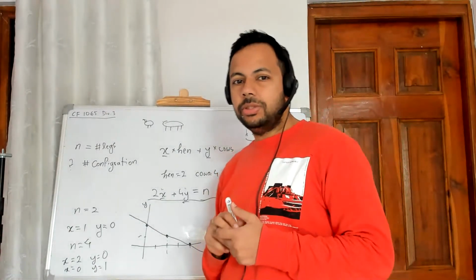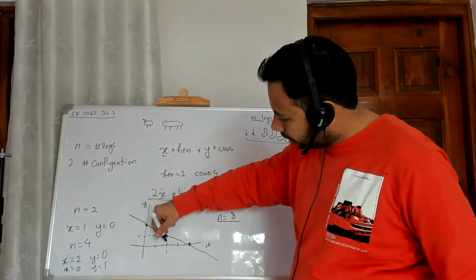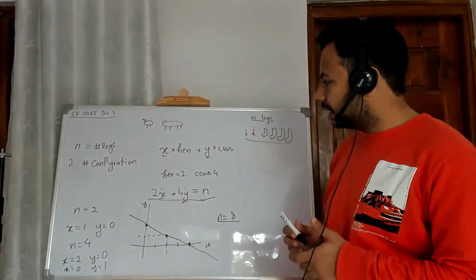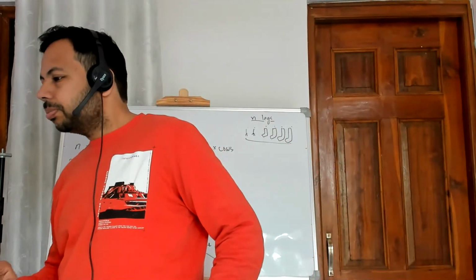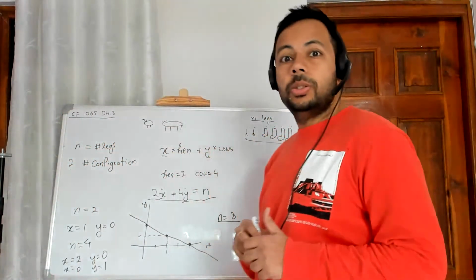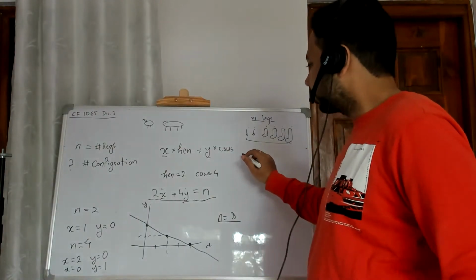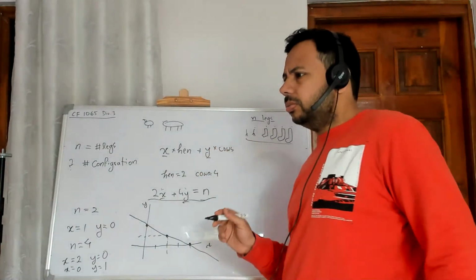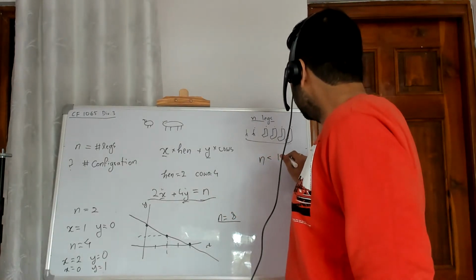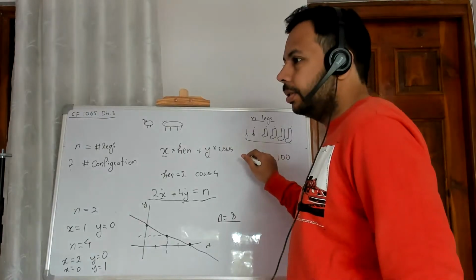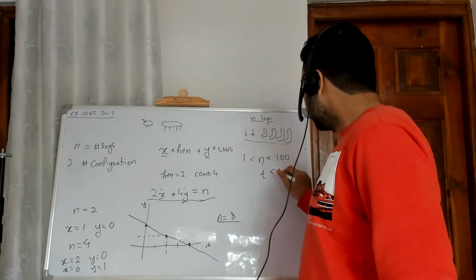Now all we have to do is determine the number of points where this curve touches integer coordinates. Now the point is the constraints on n is going to be less than 100, and then t is between 100.